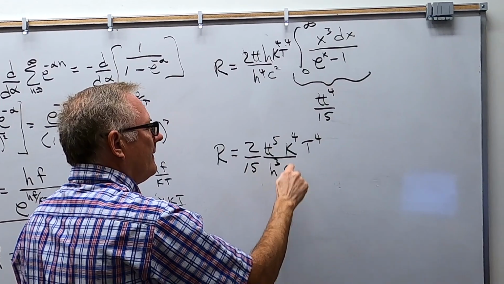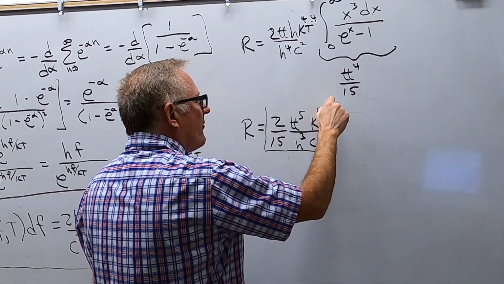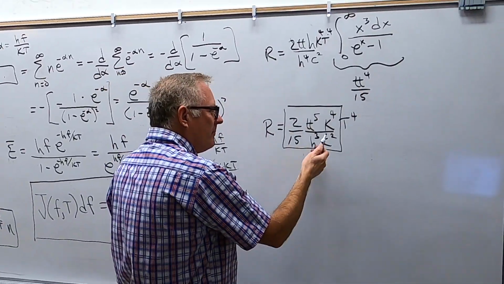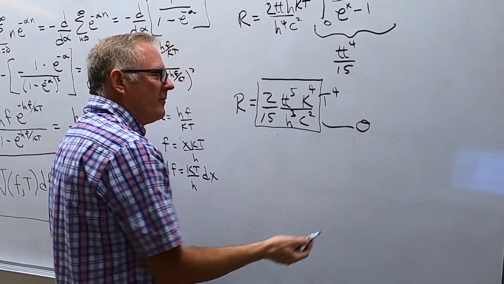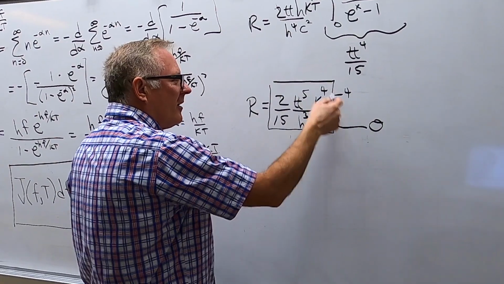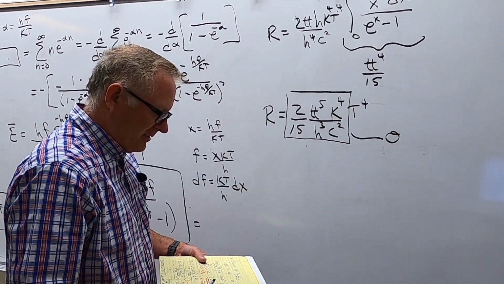Now we said all of this number in front from the Stefan-Boltzmann law was our Stefan-Boltzmann constant, sigma, which we knew the value of. Since we know the value of sigma and we set it equal to all this, and we know the value of everything here but h, we can get what h is.